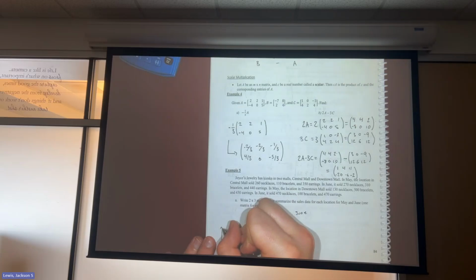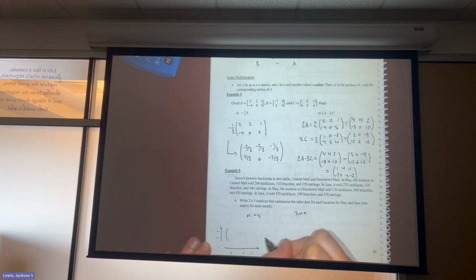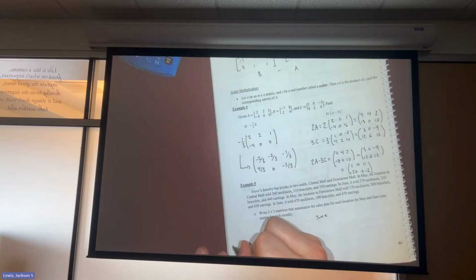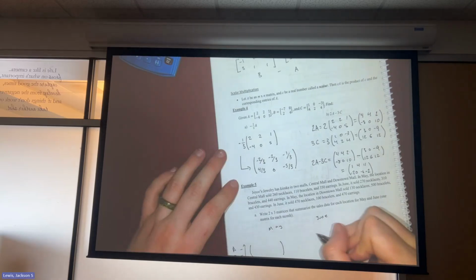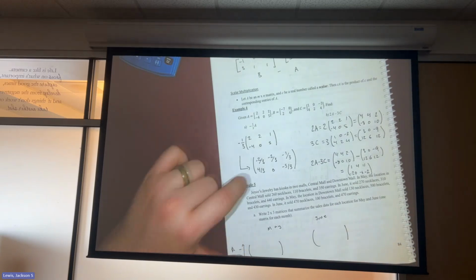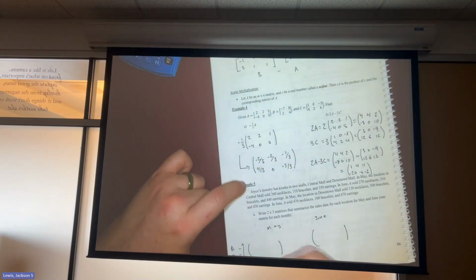So 2 by 3. Our matrix is going to look like this. Maybe this one will be location A, this one will be location B, and the columns will be necklaces, bracelets, and earrings. So in May, the first location did 260 necklaces, 110 bracelets, 350 earrings.